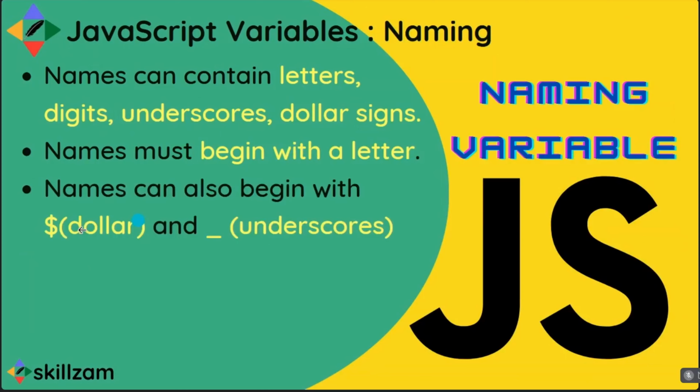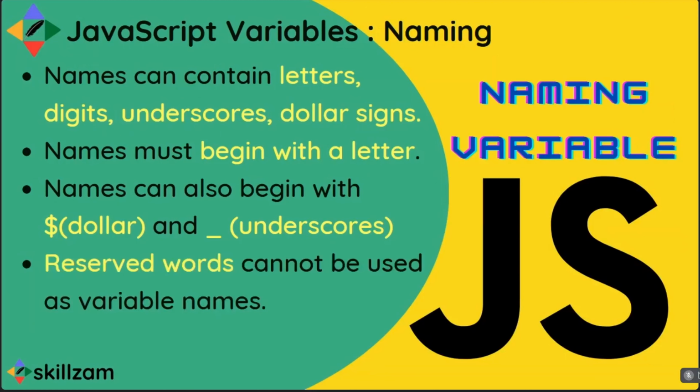And they can also begin with a dollar sign and underscore. That is what we saw. That is absolutely right with the identifier, and the same is the case with the variable. And reserved words cannot be used as variable names. So we saw another example, right? Function const, we tried to name the function as const. That is not allowed, because const in itself is a reserved word. All right, you cannot use reserved words as a variable name.